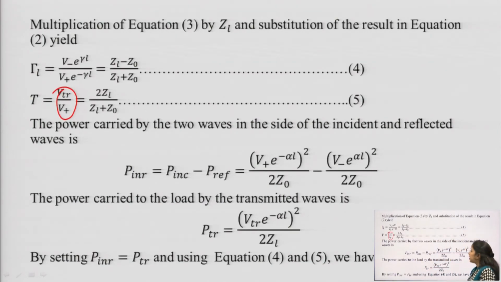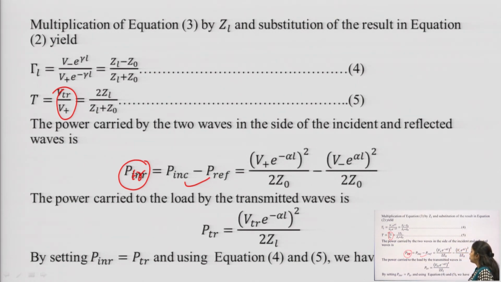Now, the power carried by the two waves on the side of the incident and reflected wave is equal to incident. The transmitted one will always be equal to incident minus reflected.